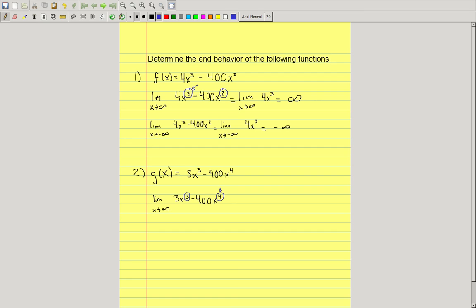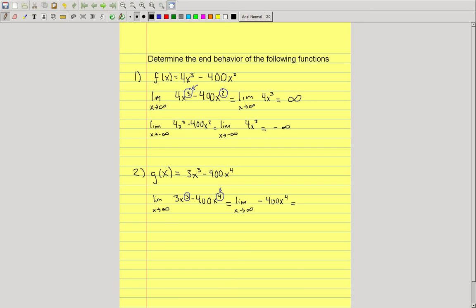We identify that 4 is bigger than 3, so the term involving the largest exponent is going to be the one that dominates the behavior of the limit near infinity. So this limit is going to go as the limit as x approaches infinity of negative 400x to the fourth.